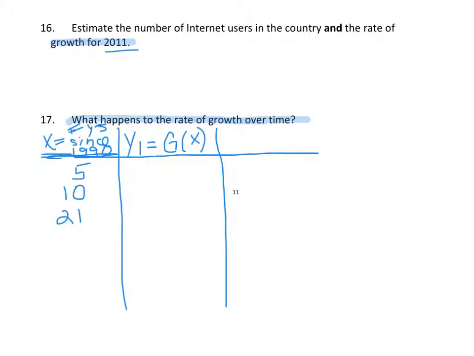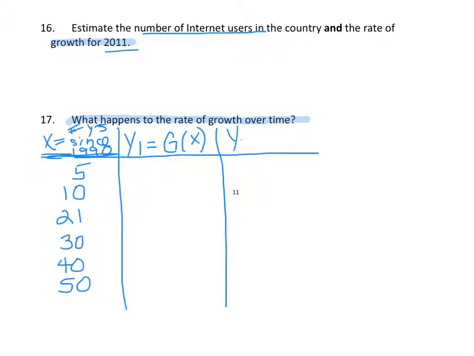And then since we want to look at the rate of growth over time, we'll go to 30 and 40 and 50 and see what happens. So Y1, remember, is your number of internet users in the country, in millions.